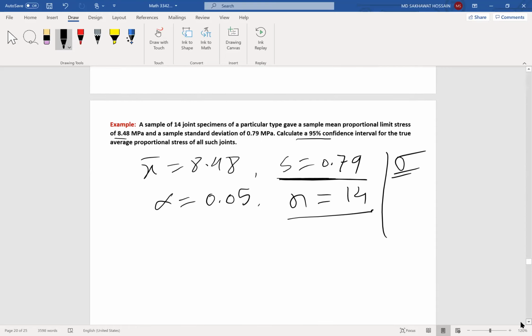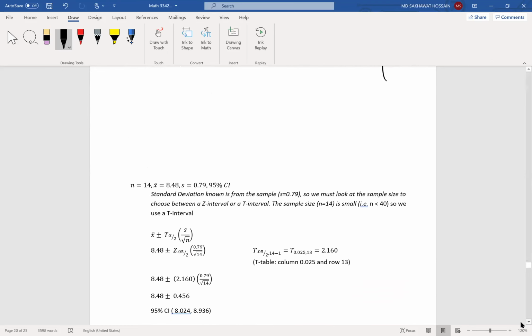So here we'll use T distribution to construct the confidence interval. The formula is X bar plus minus T alpha over 2, n minus 1, times S over square root of n. Now plug in the value of X bar, which is 8.48, and this is T alpha over 2. Actually, this is not Z, it should be T, 0.05 over 2, so 0.025.